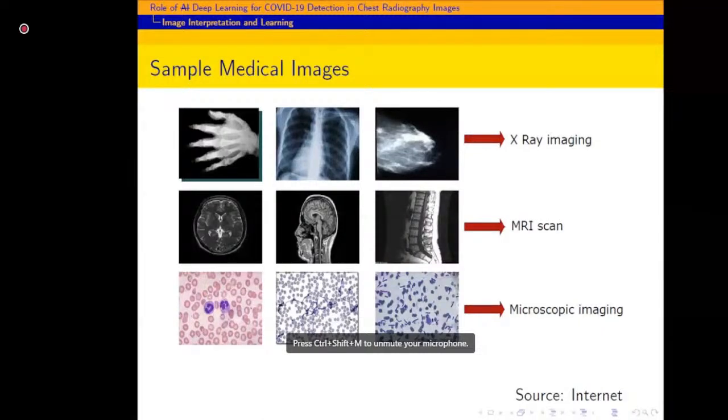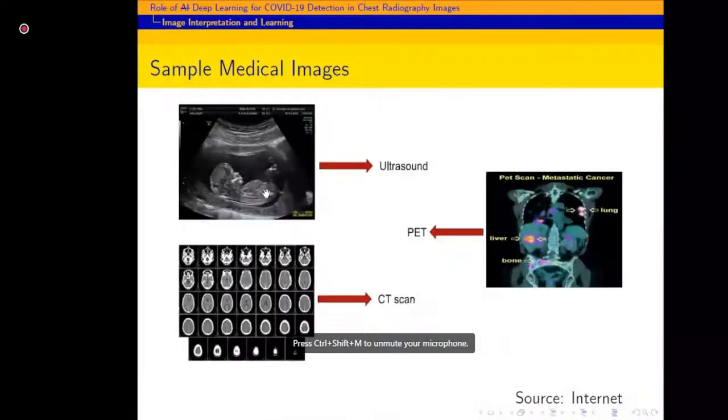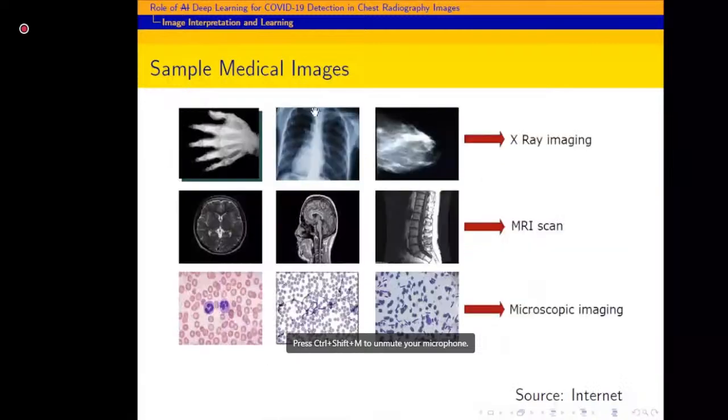Similarly, here are some other examples of ultrasound, PET, and CT scan, right? So it seems that it is not that easy to understand all the contents, or whether there is an abnormality present in the image or not. So we always need the help of the doctors to label this data, and what we need is the labeled data, because mainly we are focusing on supervised learning algorithms.